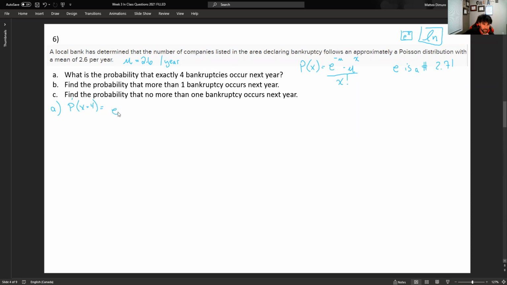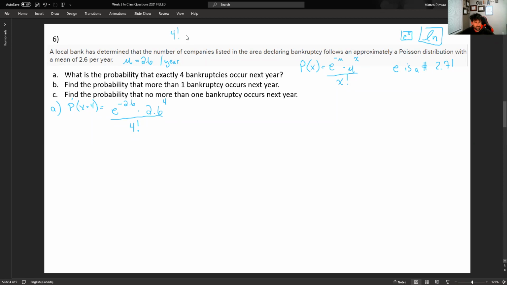So you're going to go e to the power of negative 2.6 times 2.6 raised to the power of x. So that'd be raised to the power of 4 divided by x factorial. Now x is 4, so you're gonna go 4 factorial. And remember, this doesn't mean like you're saying 4 really loud. 4 factorial.